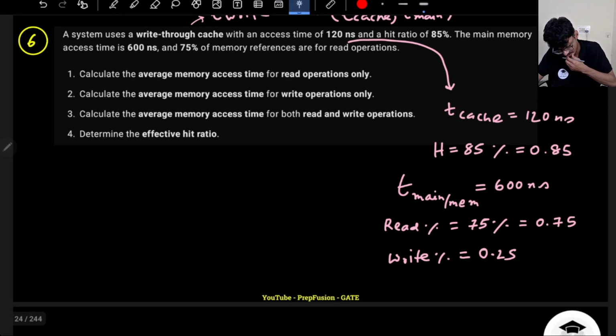Okay, memory references. Here they have not mentioned any penalty time. So no penalty time is mentioned, and if nothing is mentioned, by default you will assume simultaneous access.